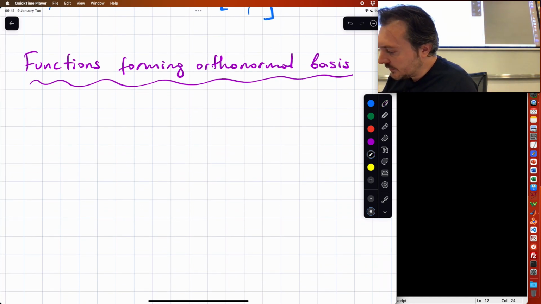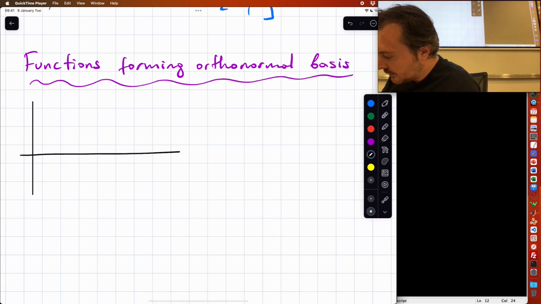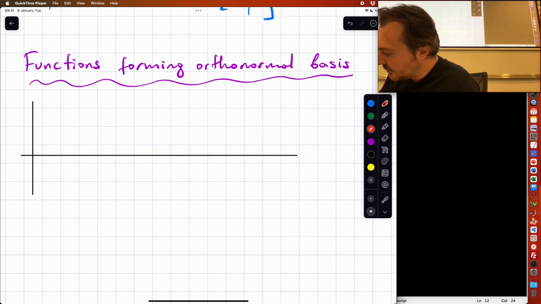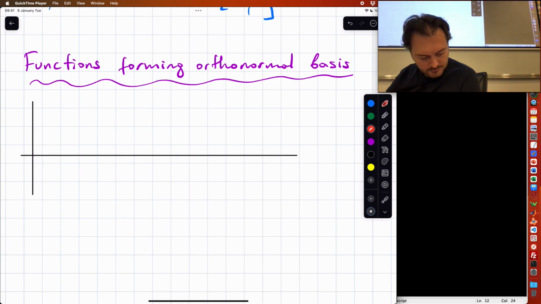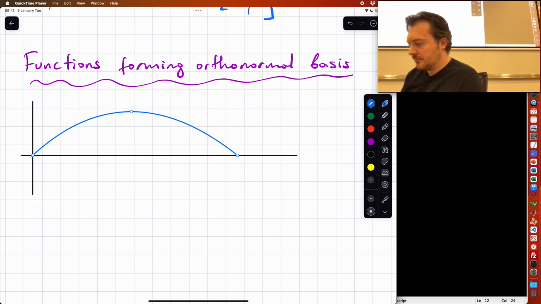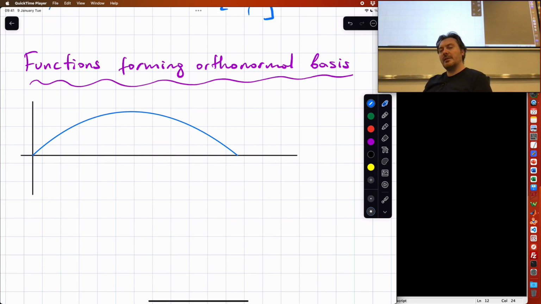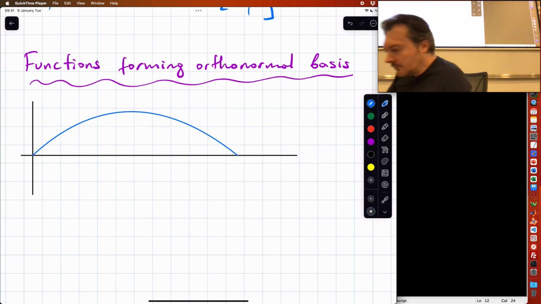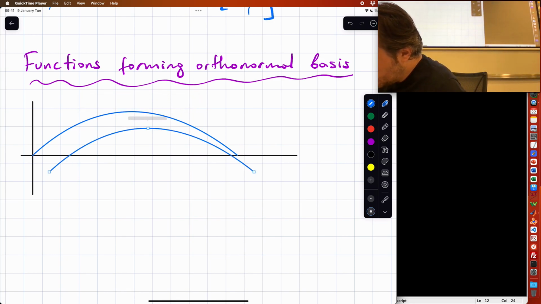Let me just plot it. So I have the y-axis, x-axis, and let me plot a sine for you. Okay, this is my sine. Let me see if I can use technology.